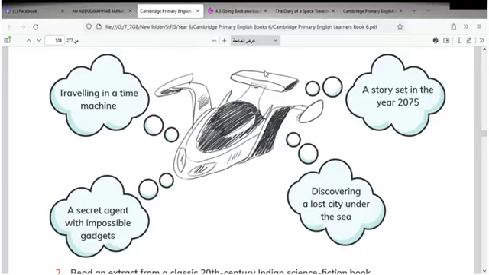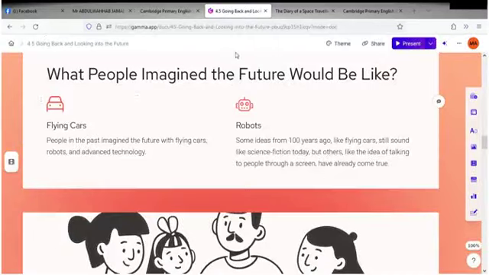All of these aspects can be done in a science fiction story. So you can have flying cars. People in the past imagined the future with flying cars, and still, by the way, robots. We have robots and advanced technology. We are to discover these things.